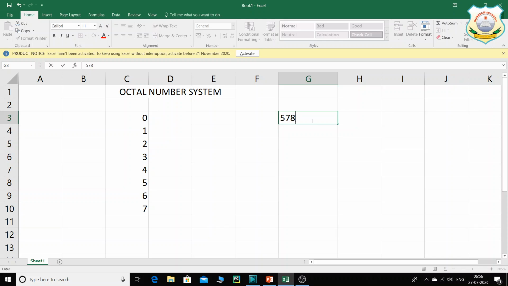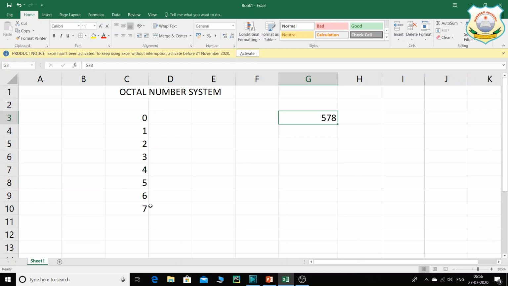No, this cannot be an octal number, because there is the symbol 8. The octal number system cannot have this symbol. There are only 8 symbols: 0, 1, 2, 3, 4, 5, 6 and 7. These are the 8 symbols you have to use to form an octal number. So 578 is not an octal number.